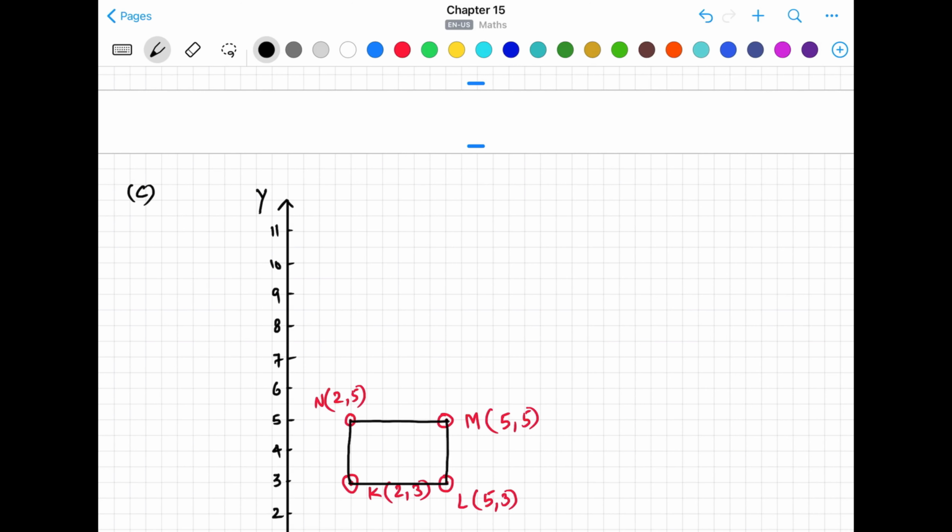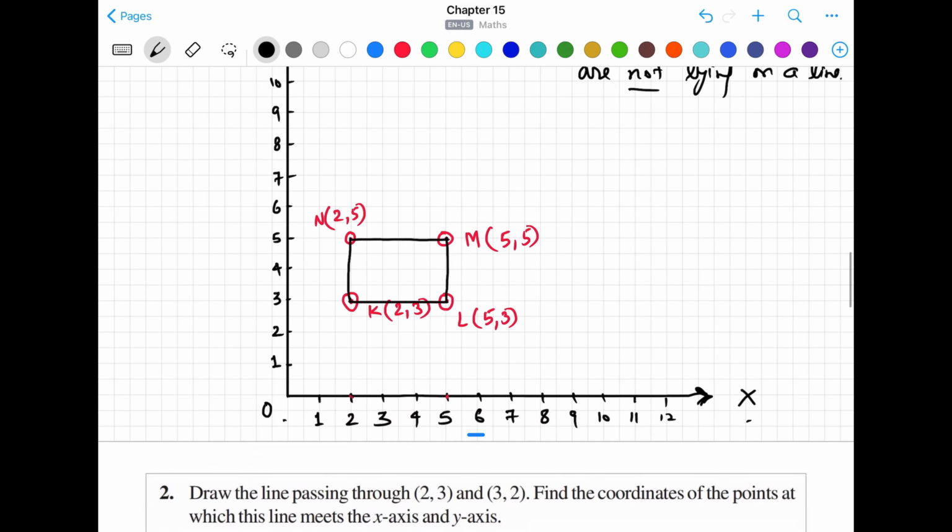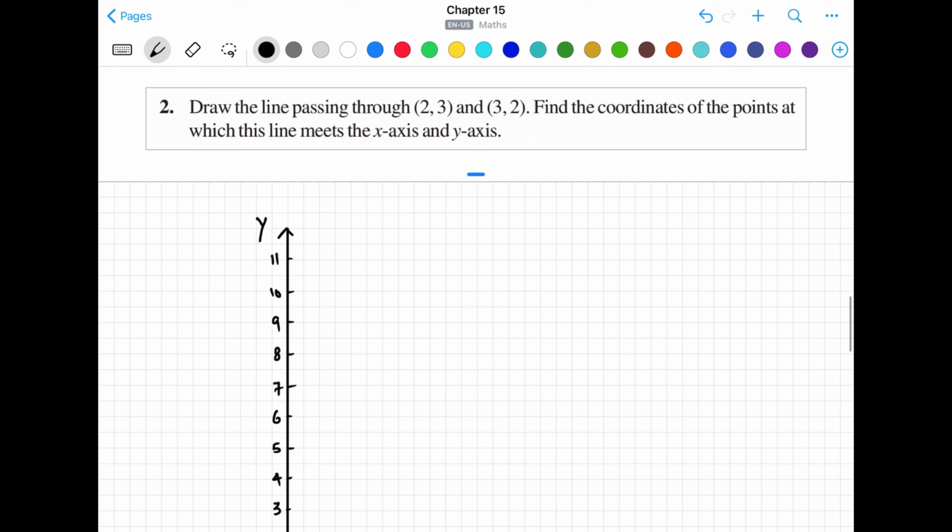So the answer for this one is no. The points K, L, M and N are not lying on a line. So that's the answer of question number 1 of 15.2. Now moving to the next question, question number 2.